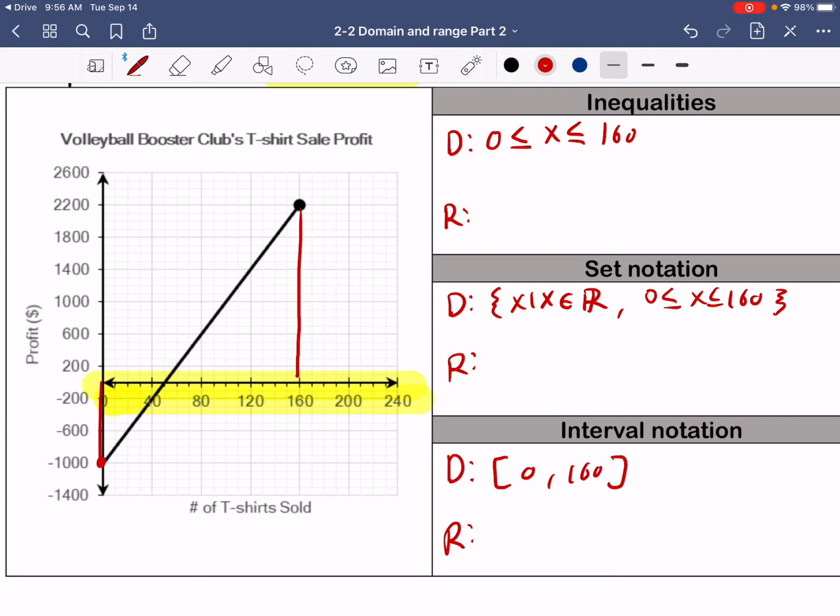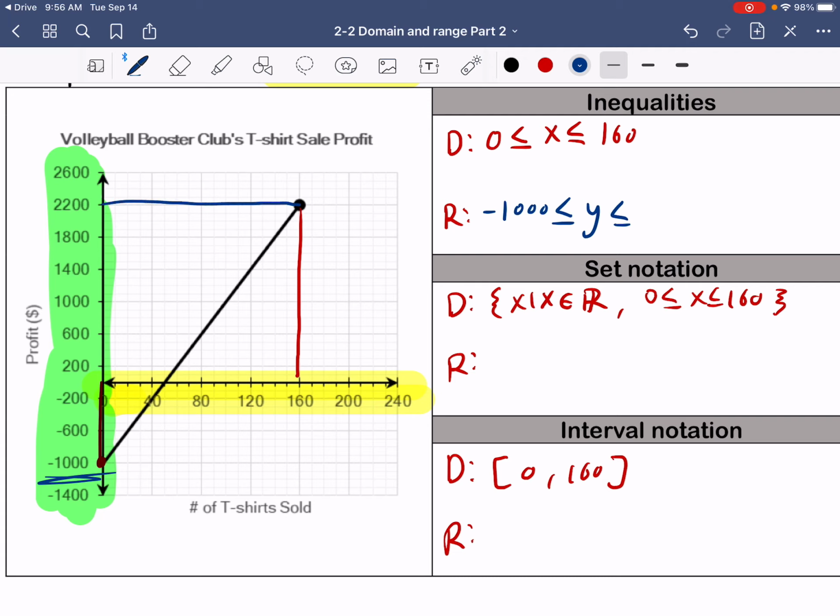Like that, okay? Now about the range, now you're gonna use these numbers. So what's the lowest number that you can get? Yeah, if you don't sell anything else, you just made the t-shirts for $1,000, too bad. That's the money that you owe. And the highest profit that you can get is $2,200.